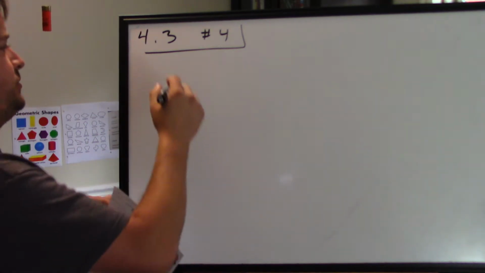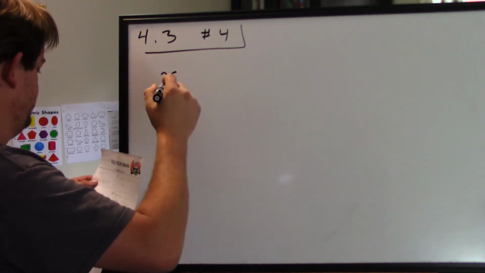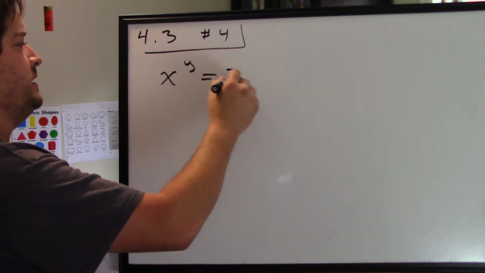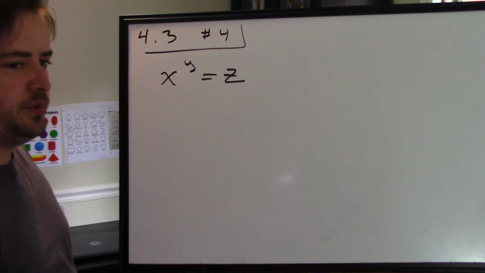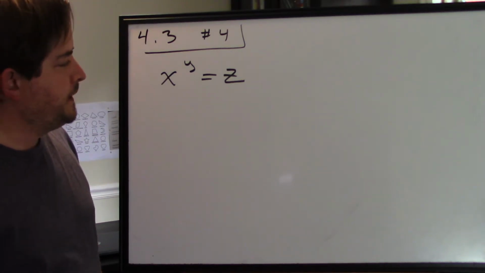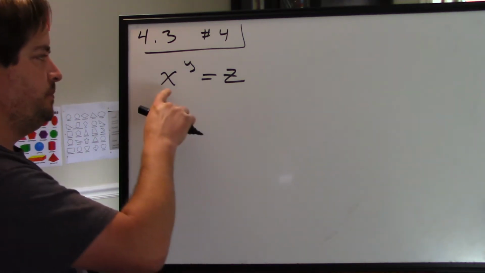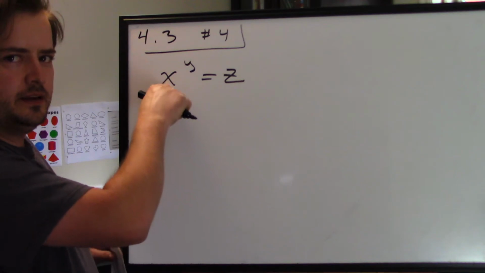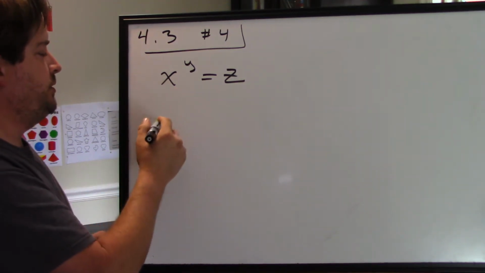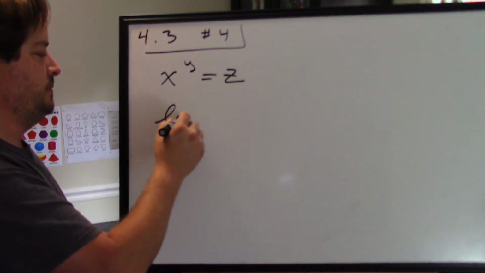Number 4 says to rewrite x to the y equals z, the exponent function that we have here, as a logarithmic function. We do that simply by noting that x is the base of the exponential, and it's going to be the base of the logarithm.